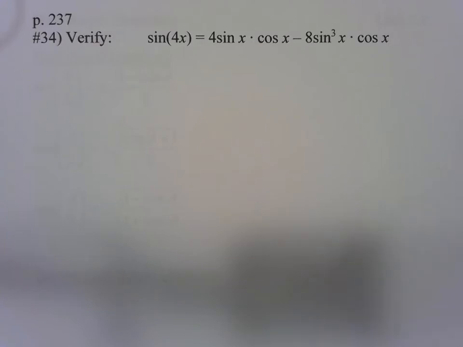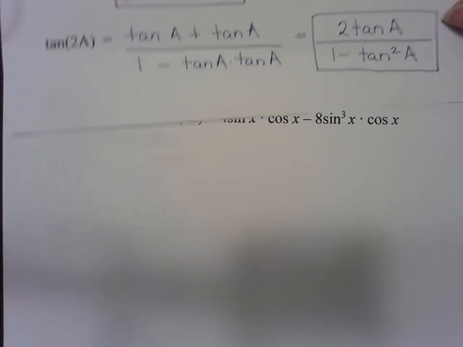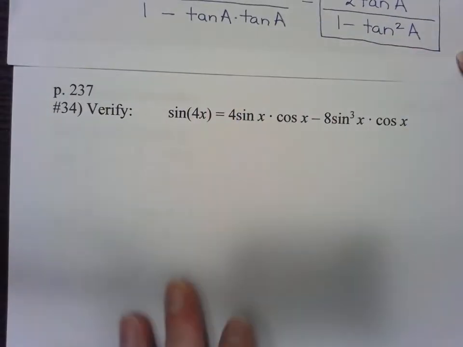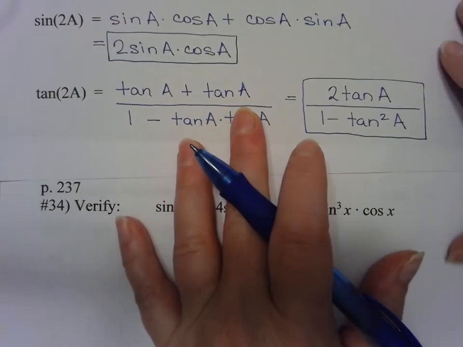It asks us to verify that sine of 4x is equal to 4 times the sine of x times cosine of x minus 8 times the sine of x cubed times the cosine of x. Because we're looking at the sine of 4x, I'm going to guess that we're going to need the double angle formula for the sines. Let me bring that in here.